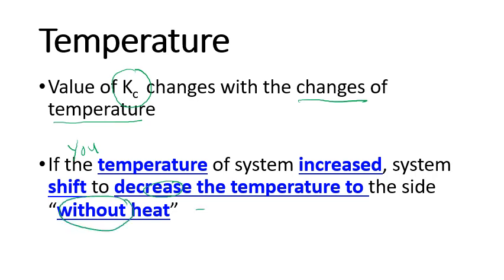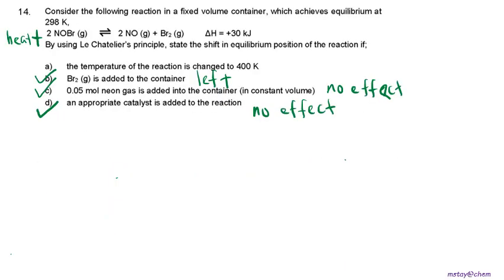So that is why in this question you have to know how to differentiate endothermic and also exothermic process, where you have to identify first whether the heat is a reactant or product. Now look at tutorial question 14a. As just now we already know that when we see that enthalpy change is positive value, it means that it is endothermic process, absorbs heat, so heat will act as reactant.